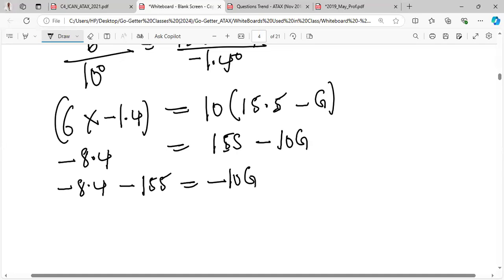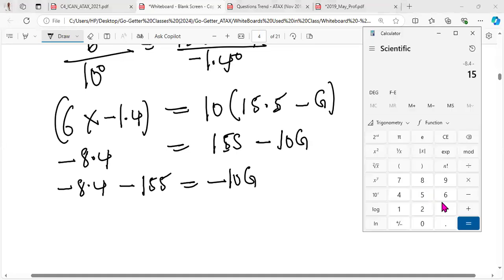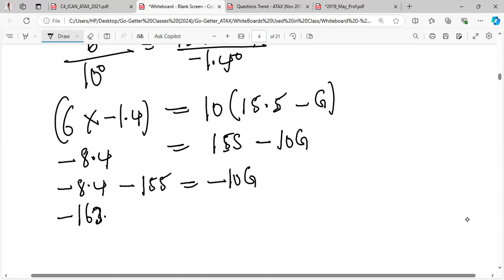So minus 8.4 minus 155 gives us minus 163.4, which is equal to minus 10G.